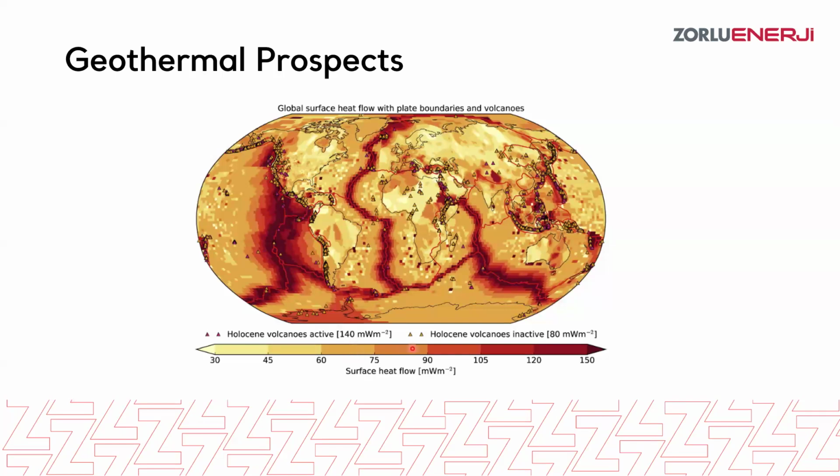Above that, it means that we could have some geothermal potential. If you look at it like that, you are not seeing this in most of the regions occupied by humankind.